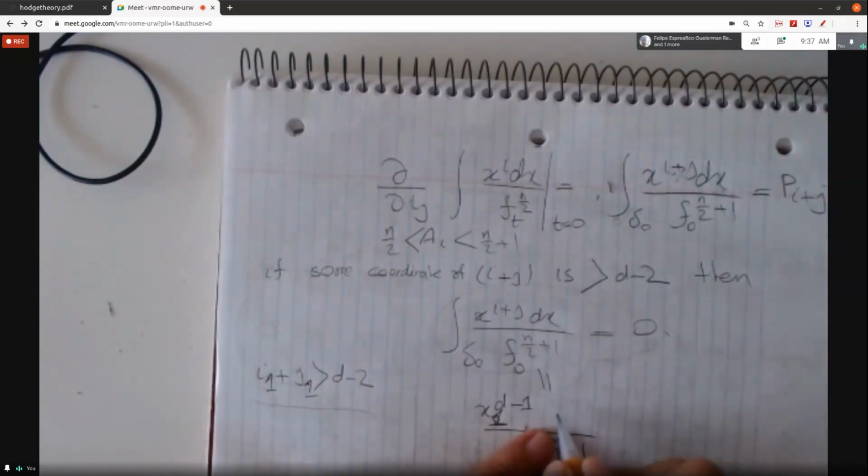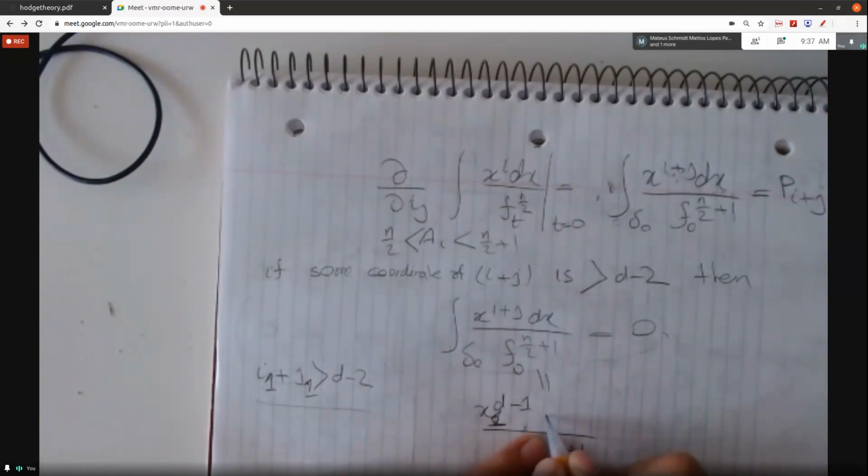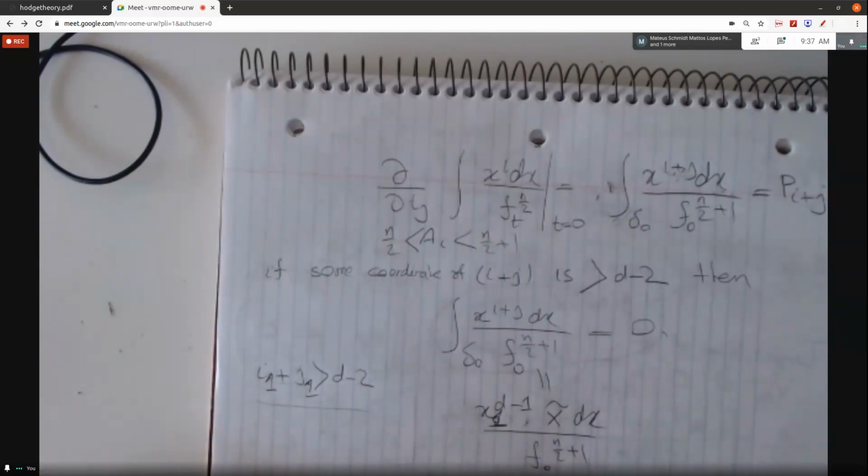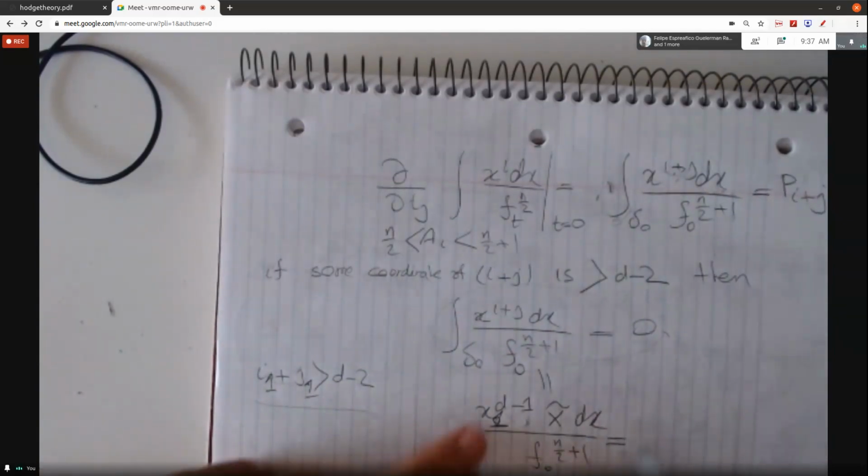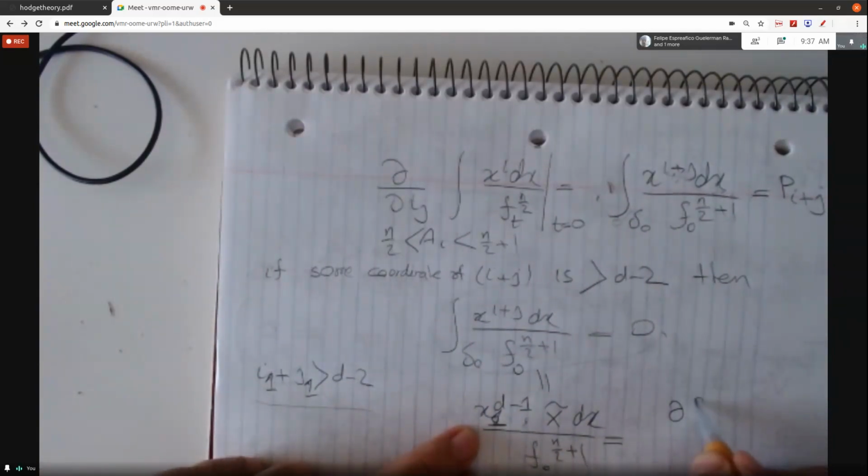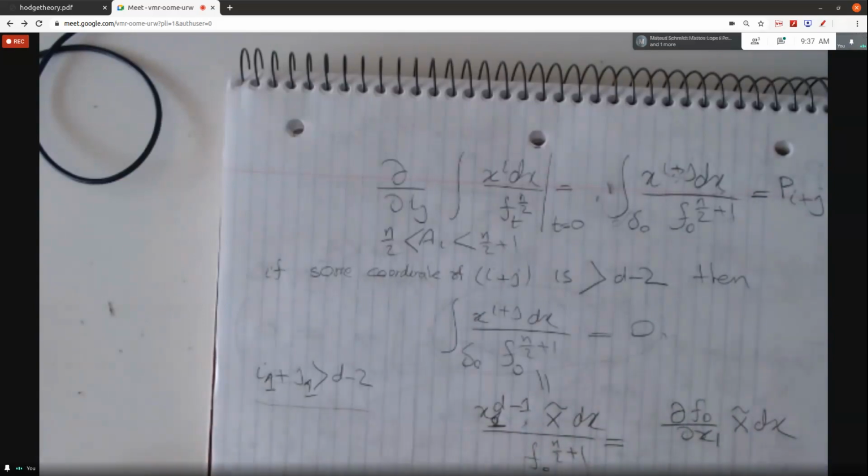And then what is this? This is another monomial, dx. And what is this? This is Genova up to constant. This is the derivation of f0 with respect to x1, x tilde dx, the same as f0 n half plus 1.